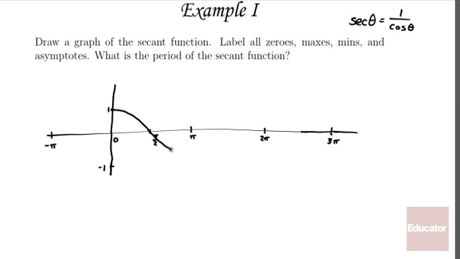Goes down to negative 1 at pi, comes back to 0 at 3 pi over 2, back up to 1 at 2 pi, and the period of cosine is 2 pi, so it's repeating itself after 2 pi.